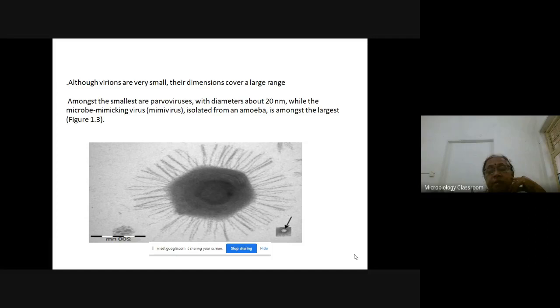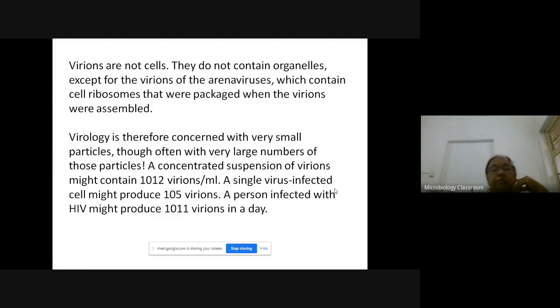Here we have compared two extremes: the parvovirus, with a diameter of 20 nanometers, and the mimivirus isolated from amoeba, which is up to now the largest known virus, approximately 200 nanometers.